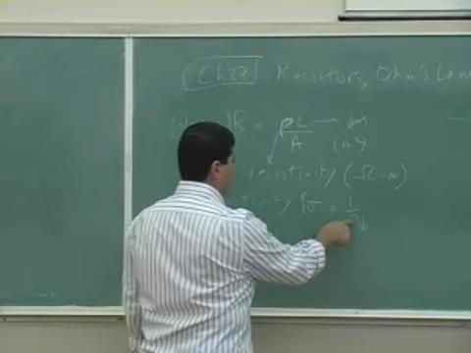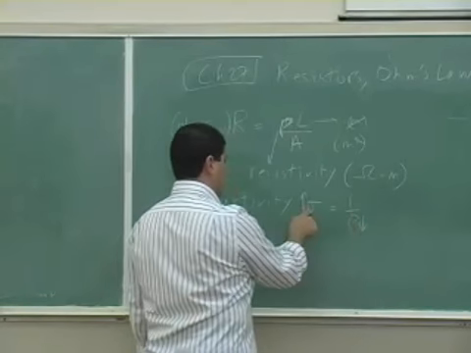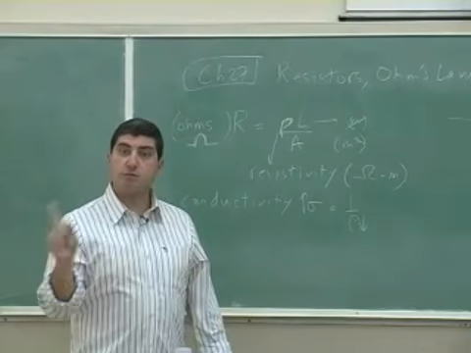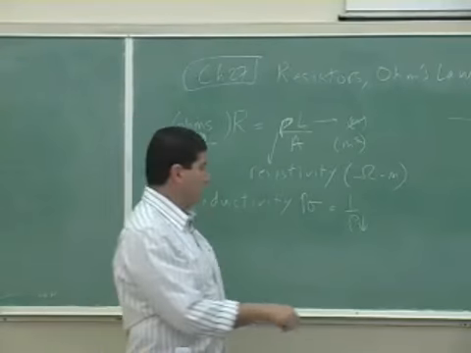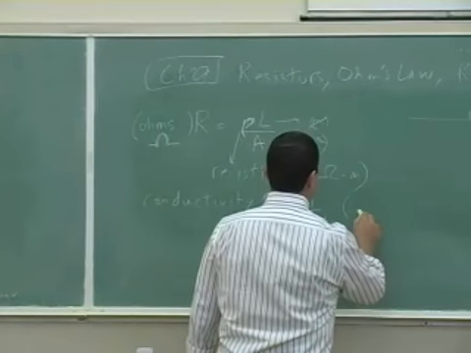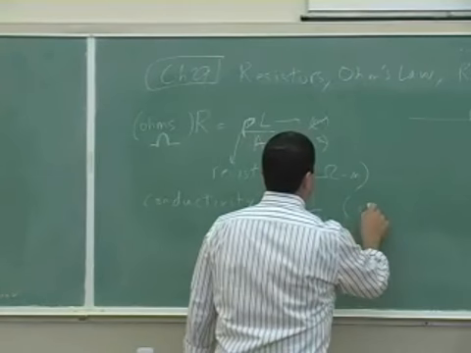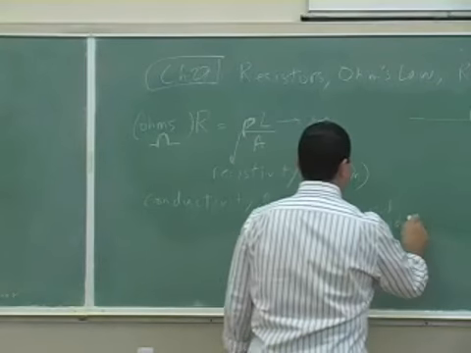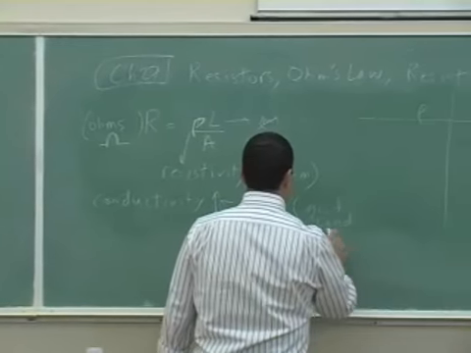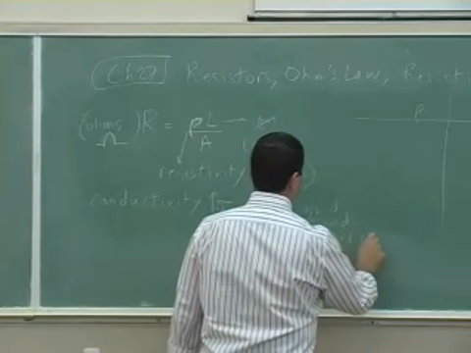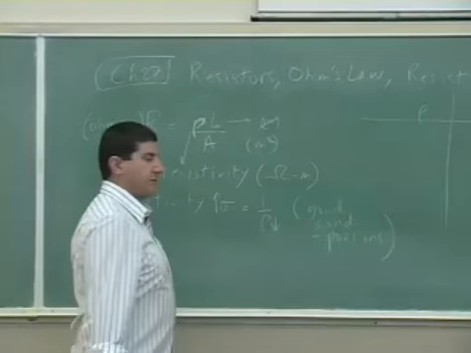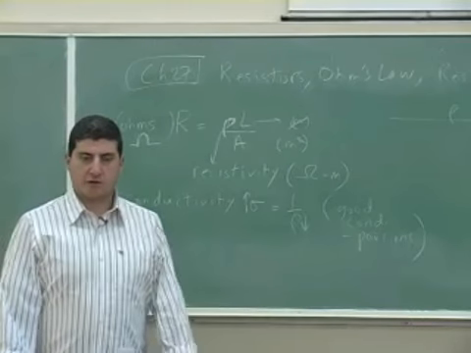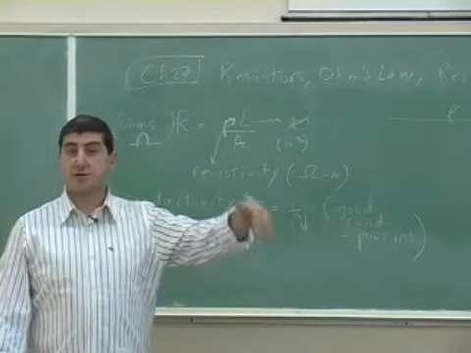So this shows you that. If the resistivity is low, then the conductivity is high. So that's going to be a good conductor, poor insulator. Of course, when I say good conductor, what does that mean? It's a relative term. There's good, there's better, and then there's even better.